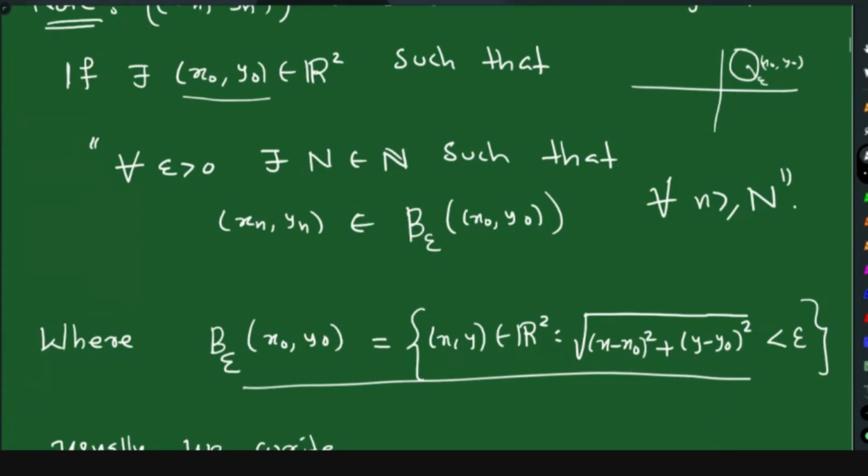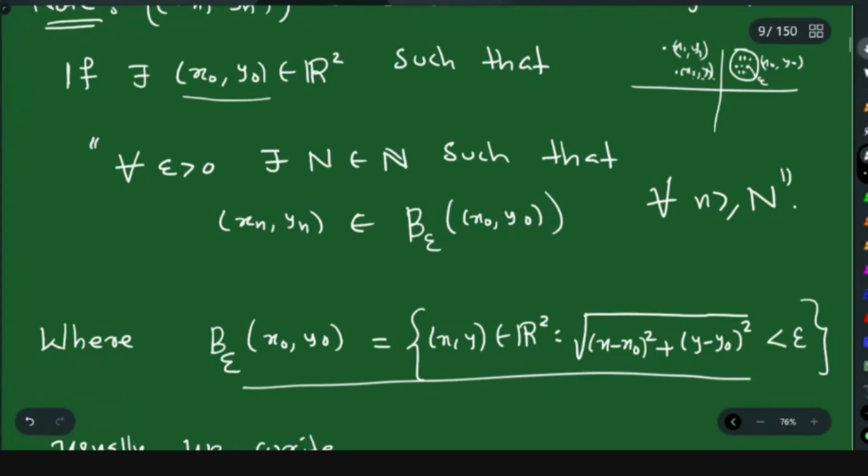After a stage, all the points in the sequence... The first point can be somewhere here, doesn't matter. The second point also somewhere here. So it comes like this. After a stage, all the points should be inside of this. That is the meaning. So the sequence (xn, yn) converging to (x0, y0) means for given epsilon, you can find some stage, after which all the points in the sequence should lie in that ball.